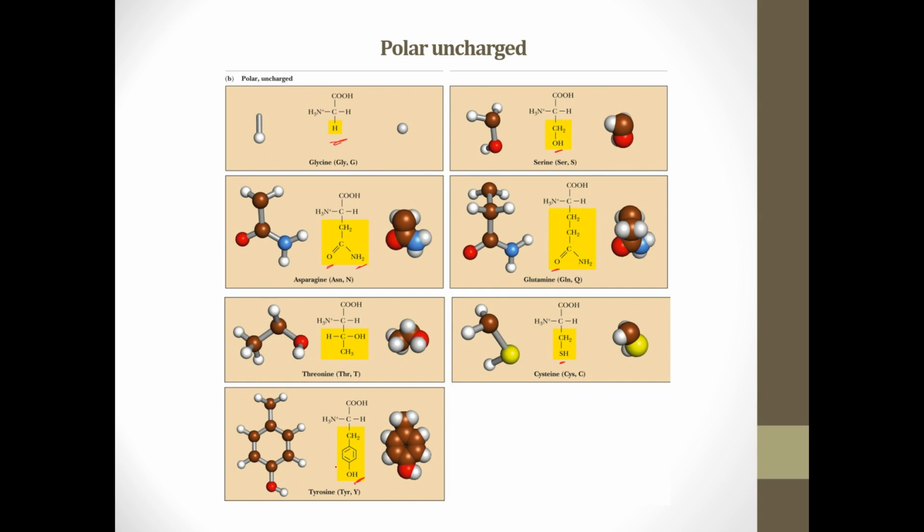All of these are polar groups, therefore polar, but not acidic, therefore not charged under normal physiological conditions. To review, names, because we want to know all of these. Glycine, serine, asparagine, glutamine, threonine, cysteine, tyrosine.